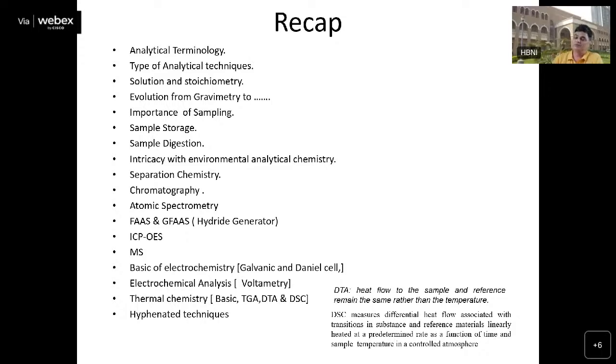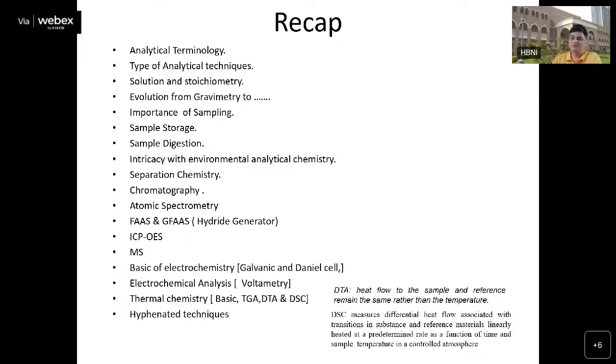With the help of that, we can play with the voltage sampling as well as the current sampling. Because of those modifications, the resolution goes up to 0.02 volts, and the detection limit can be achieved at the ppm or ppb levels.